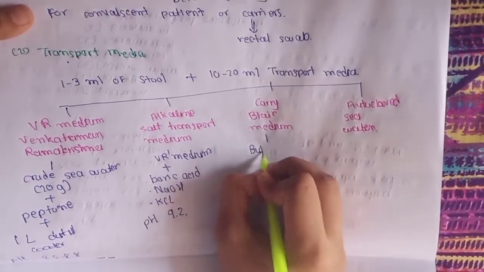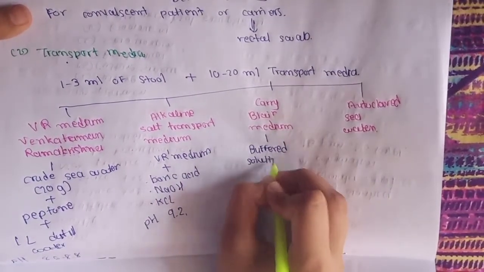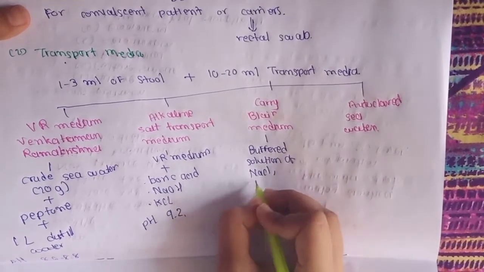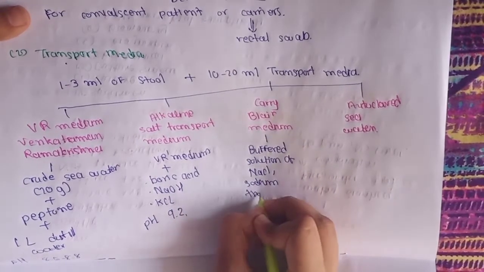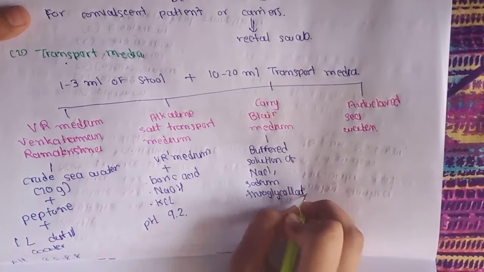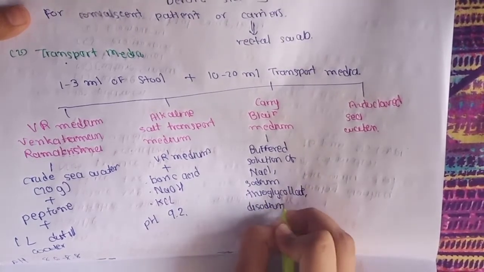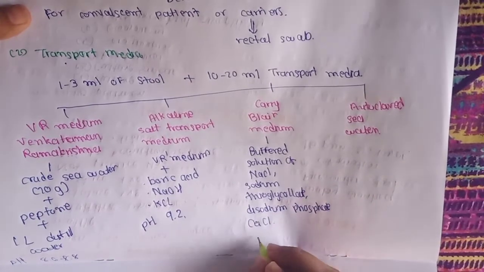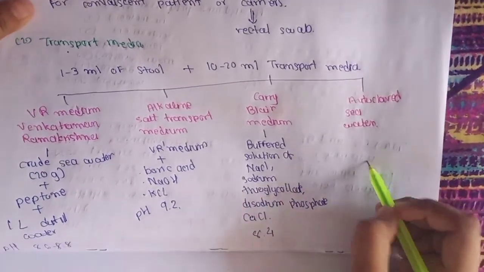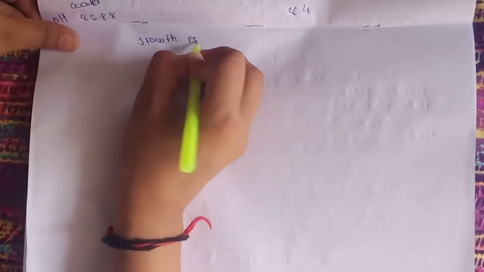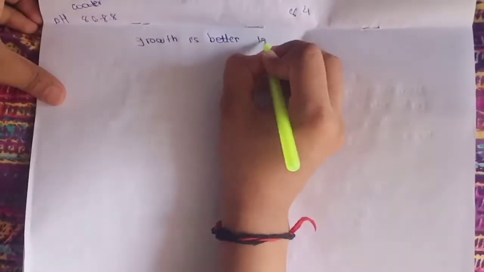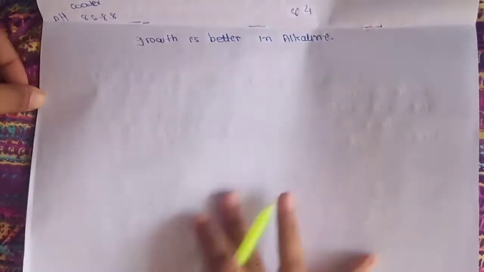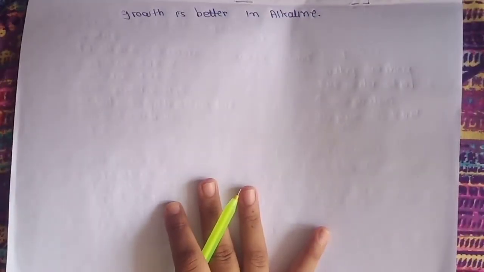Cary Blair medium is a buffered solution of sodium chloride, sodium thioglycolate, disodium phosphate and calcium chloride. Here the pH is 8.4. Autoclaved seawater is used when the others are not available. Now, why are these alkaline? Because growth of Vibrio cholerae is better in alkaline medium.